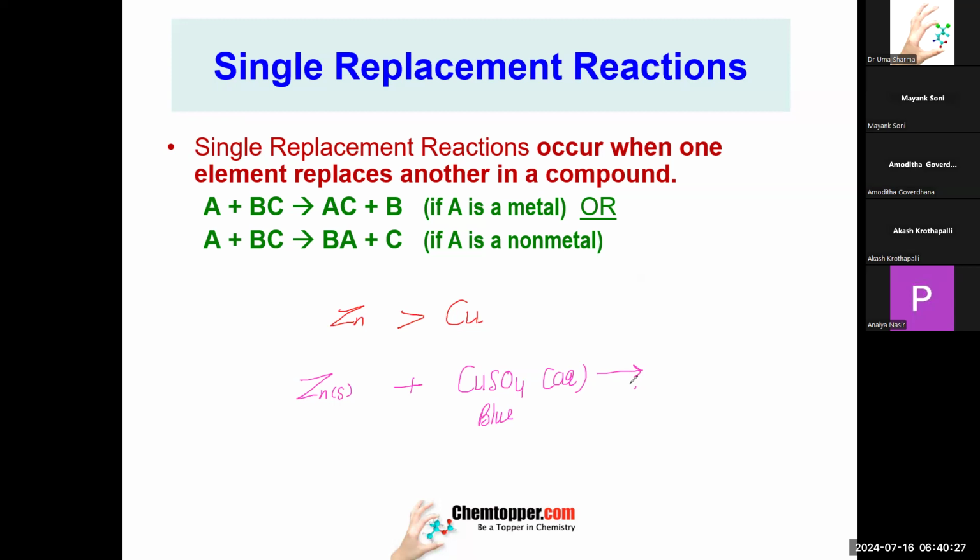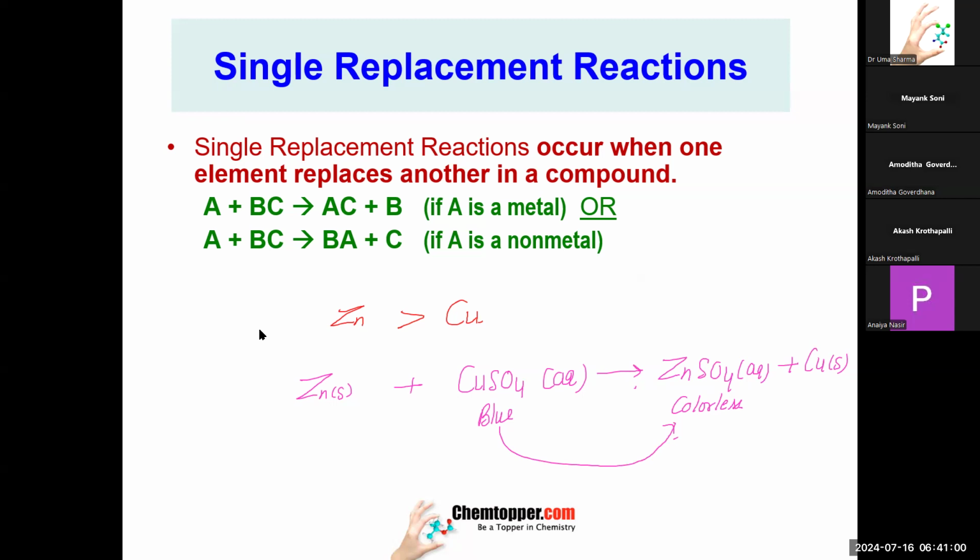Zinc is more reactive than copper. Zinc sulfate, very good, Mayank. And copper solid. You can see copper solid coming out as a reddish brown metal. And this is colorless, no color. So there is a change in color, blue to colorless. So it means the reaction has happened. So these are single displacement reactions.